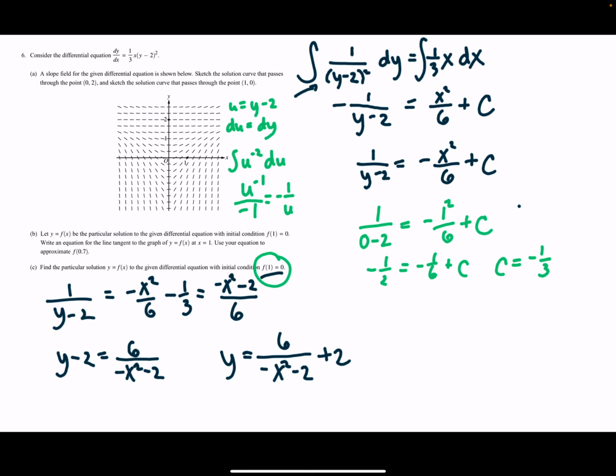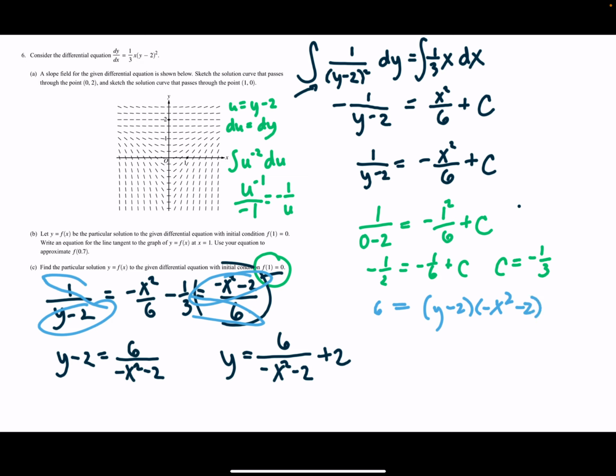If you did not like finding the common denominator the way I did, another option would have been to cross multiply, which is kind of what I did. I had 1 times 6, which is 6, equals (y minus 2) times (negative x squared minus 2).